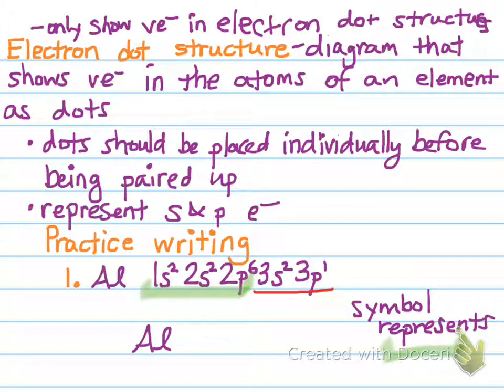So aluminum should have a total of 3 dots, 2 for the S and 1 for the P. You also can tell that from the periodic table because it's in group 3A, and group 3A has 3 valence electrons. We imagine that aluminum is 4-sided, so we put 1 dot on each side, and it doesn't matter what side you choose. So that's the electron dot structure for aluminum.